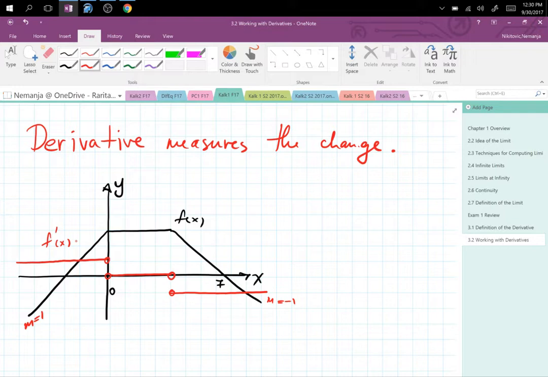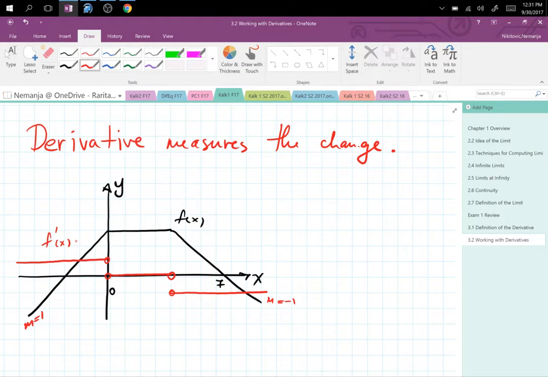Observe that while the function is increasing, meaning going up, the derivative is above the x-axis. The derivative is positive. Where the function is constant, the derivative is 0 because there is no change. And when the function is decreasing, the derivative is below the x-axis.